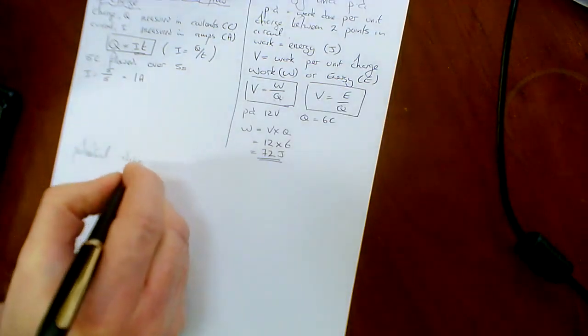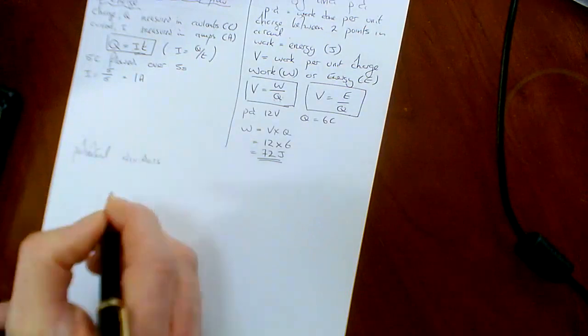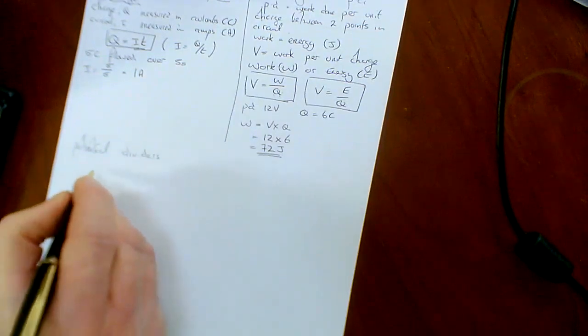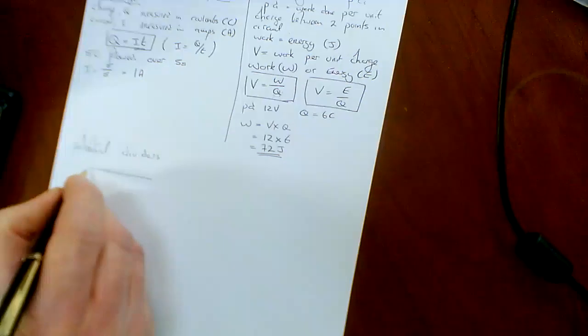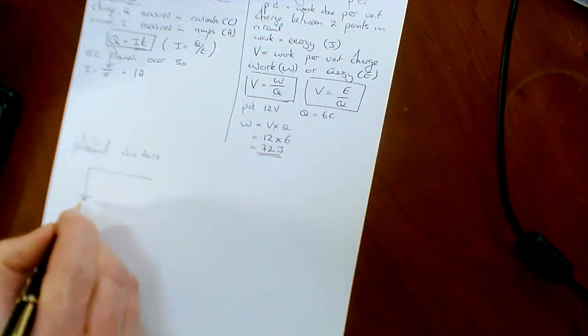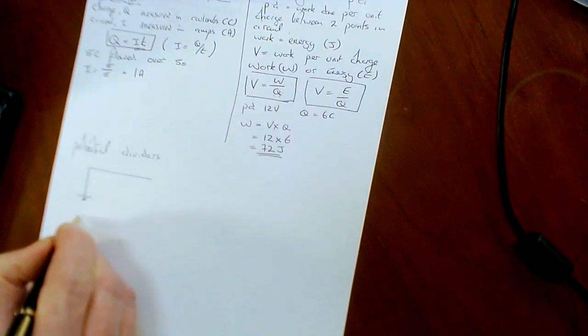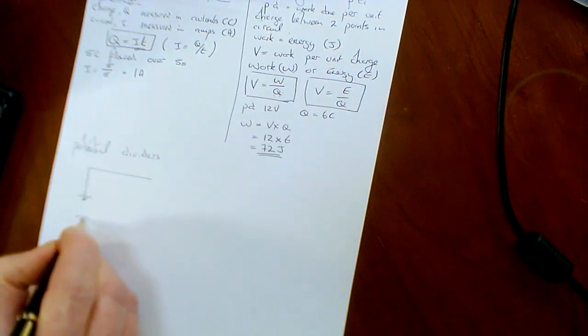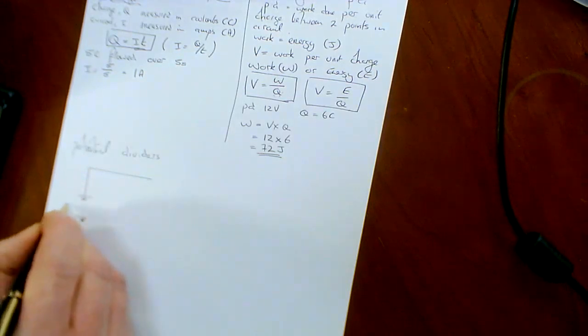You'll come across these perhaps in the more difficult questions that you come across. Not that they're difficult particularly if you understand what's going on, but they look more difficult. So there I have a battery made up of cells. Let's say that's 12 volts.